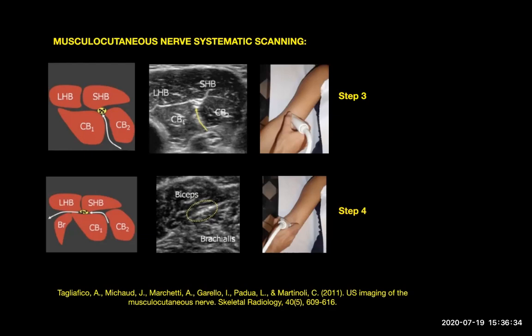So here you can see that you can follow through all those steps in trying to scan this particular nerve and see the changes that happen as you go along. When we evaluate the nerve, it is very important to be very systematic with how these nerves really look.